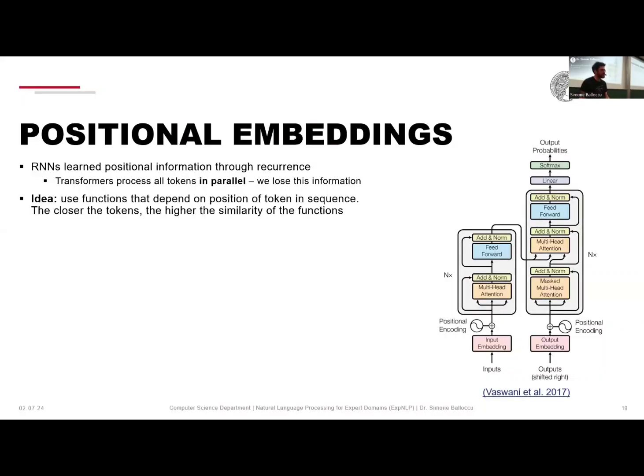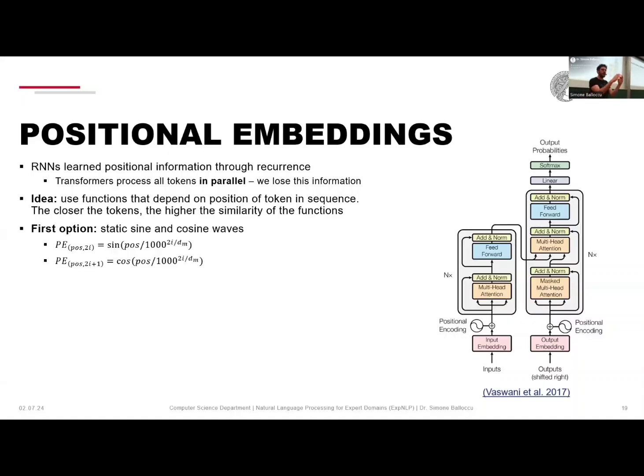We use functions that depend on the position of the token, and the closer the tokens are, the higher the similarity of the functions. These are called positional embeddings, and the first option is using wavelength formulas. I'm not expecting you to remember this, because I forget it the moment I stop looking at it, but if you plug some values into it, you realize that the lower dimensions of a token oscillate very differently from the higher dimensions.